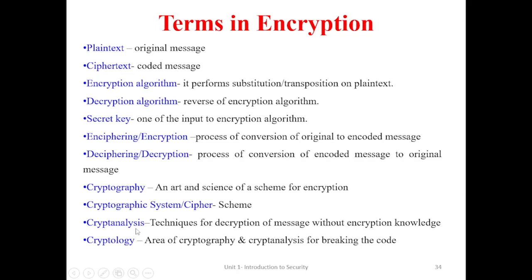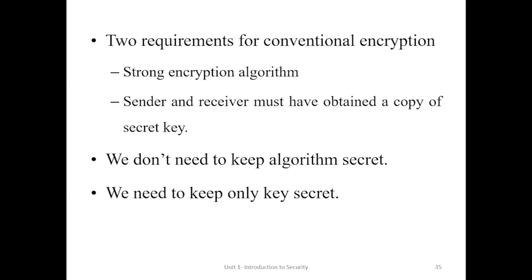Cryptanalysis is a technique used for breaking a code or decrypting the original message without using encryption knowledge. Cryptology is the area covering cryptography and cryptanalysis. So these are the terms generally used in the cryptography subject.